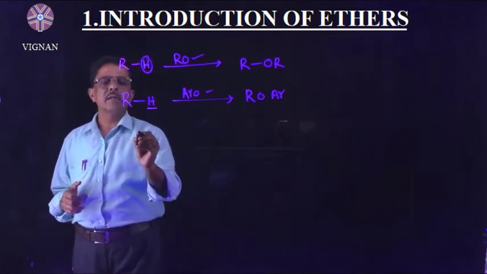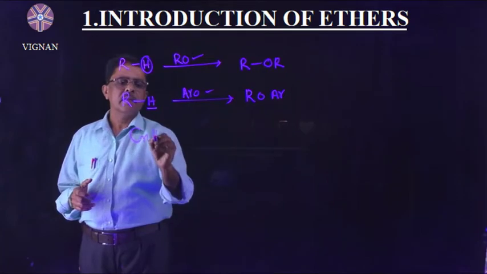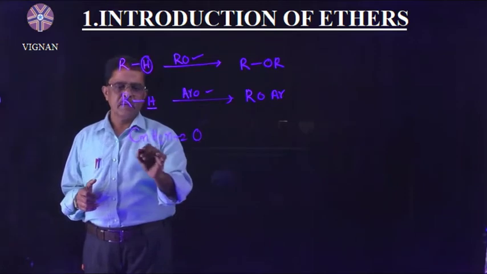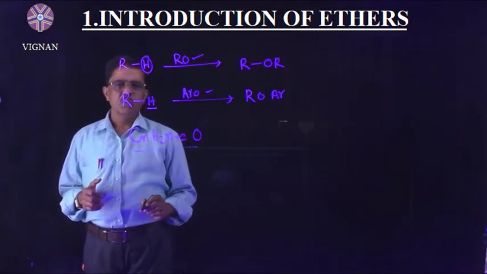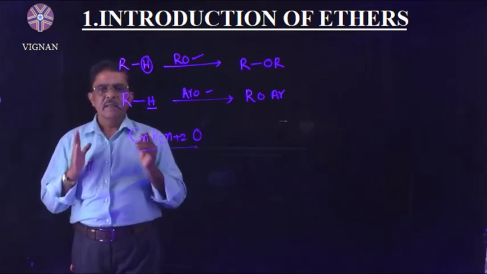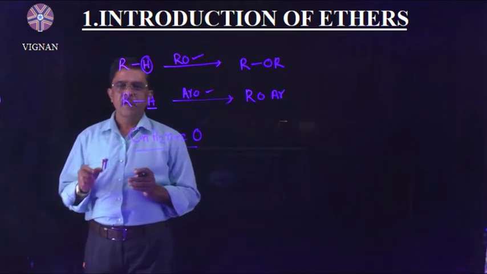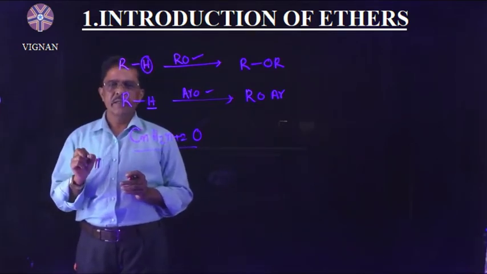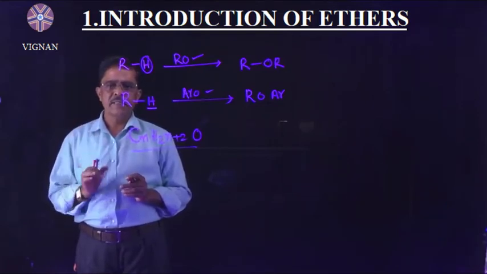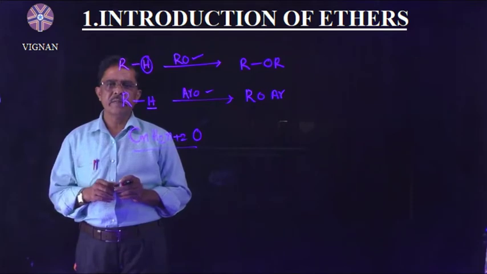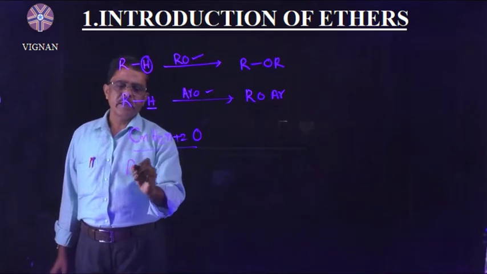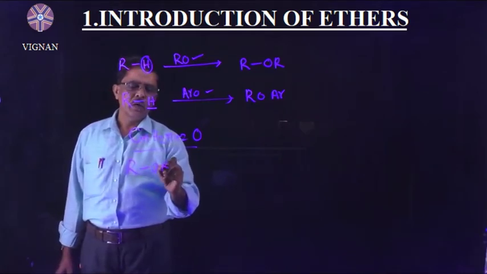The general formula of ethers is CnH2n+2O. This formula is similar to that of monohydric alcohols. These ethers are alkyl substituted derivatives of alcohols and phenols, and dialkyl substituted derivatives of water. The ether general formula is ROR.